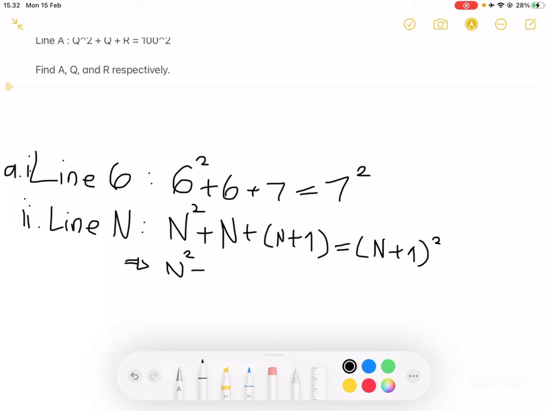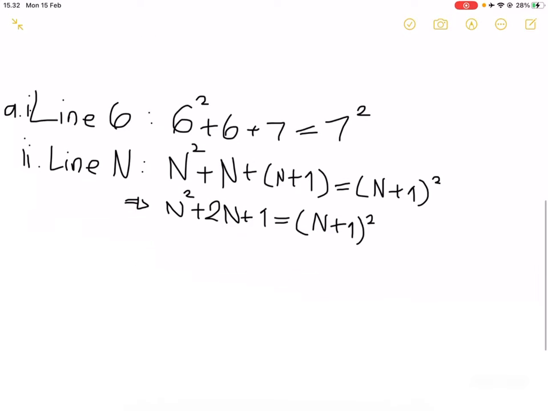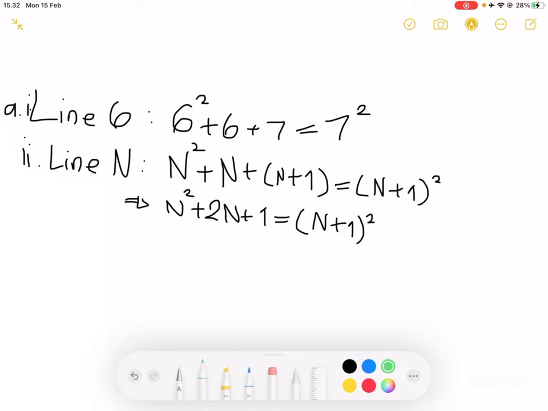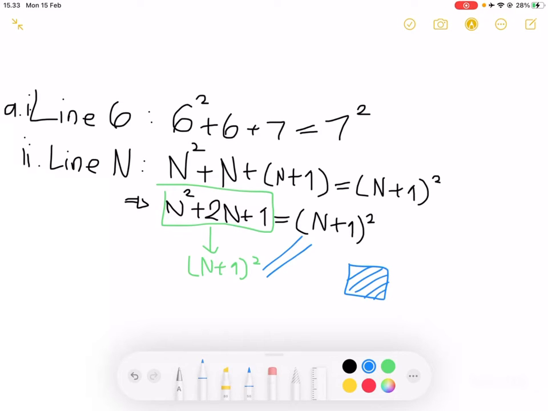So we have n squared plus, we can combine those n's, 2n plus 1, is equal to n plus 1 squared. And notice this factors as a perfect square. This will be equal to n plus 1 squared, and therefore we maintain the equality, and therefore just put a box right here.